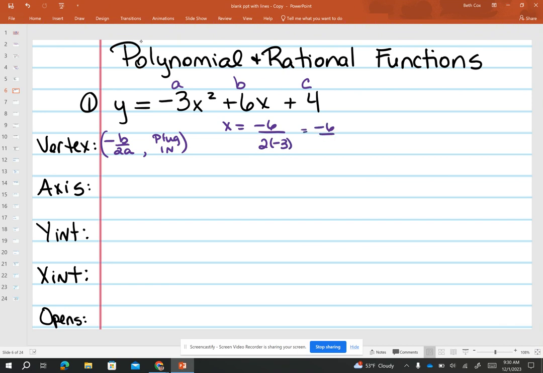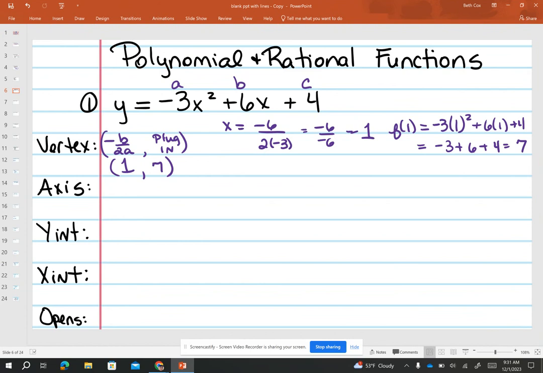So that's negative 6 over negative 6, so that's 1. All right, so that's the x member of my vertex. And then we're going to plug that into the function. So now I'm going to do f of 1, and that'll give me negative 3 times 1 squared plus 6 times 1 plus 4. If you need a calculator, do that. That's going to give me negative 3 plus 6 plus 4, and that is 7. So my vertex is the point (1, 7).